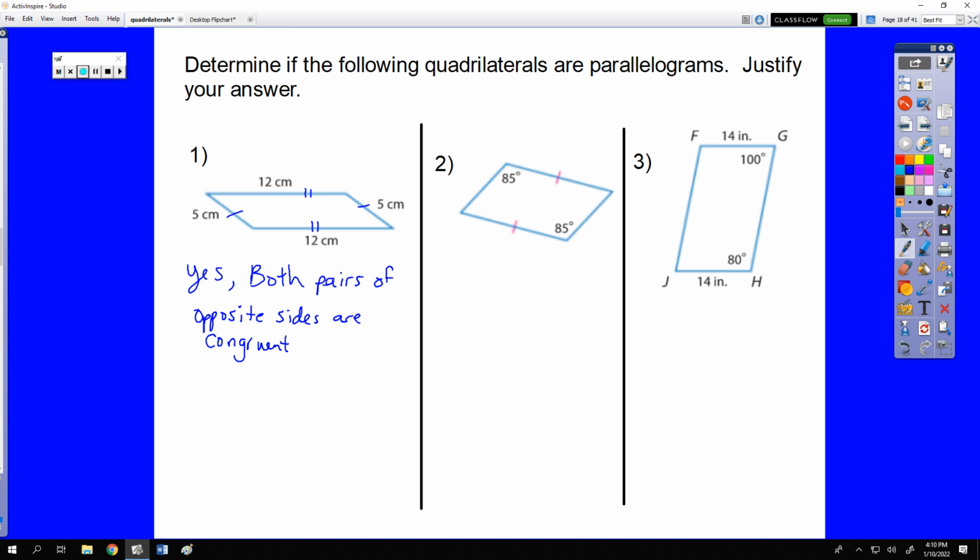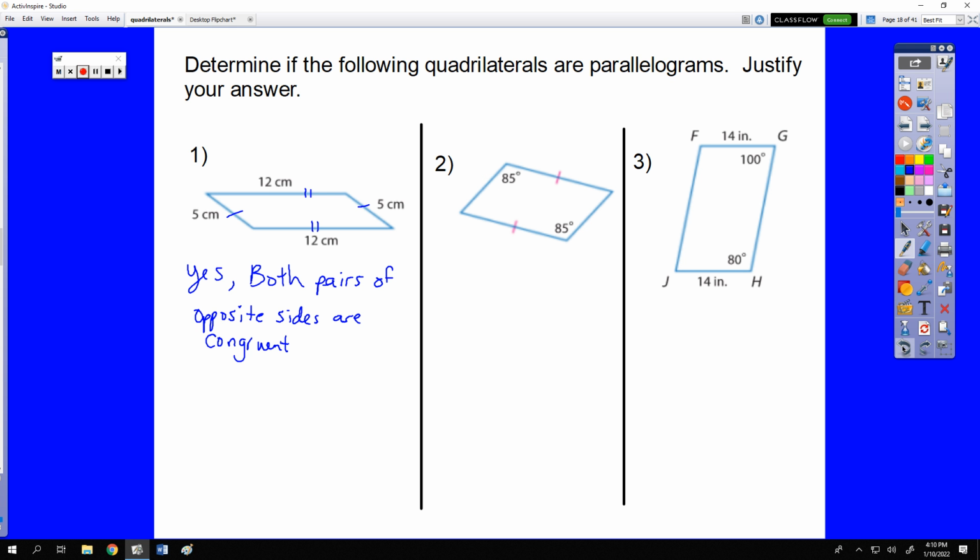Number 2, we've got one set of opposite sides congruent, and we have 85-degree angles. But without any other markings, we simply don't know enough to guarantee. We don't know enough to state for sure that these other 2 sides are congruent, so we can't use both sets of opposite sides are congruent.